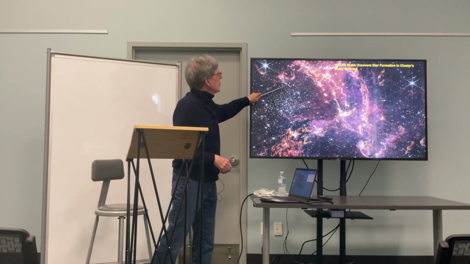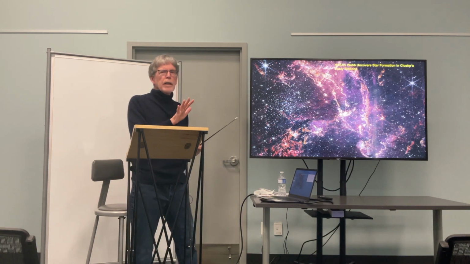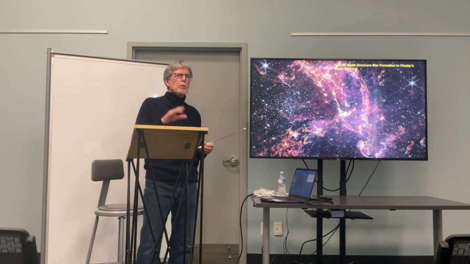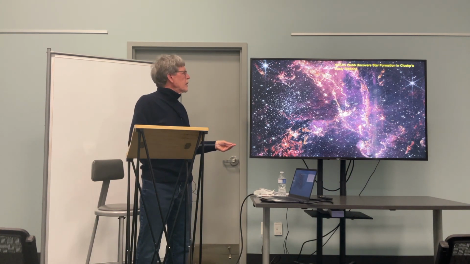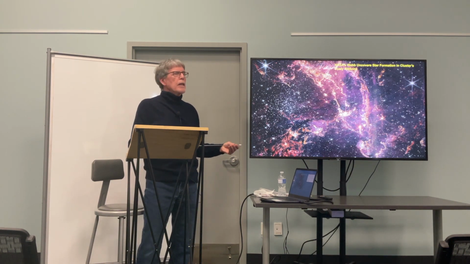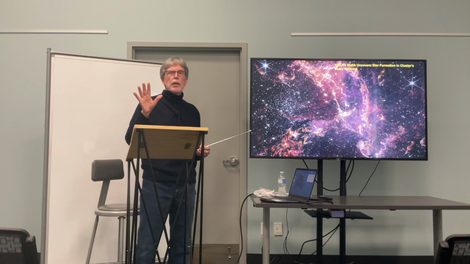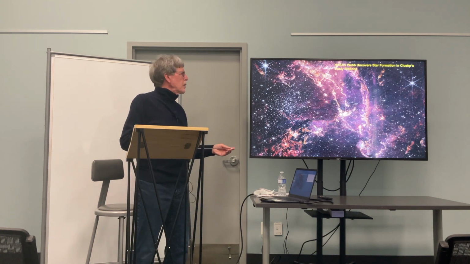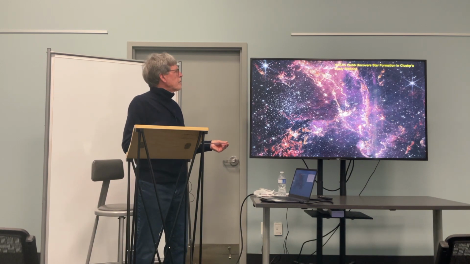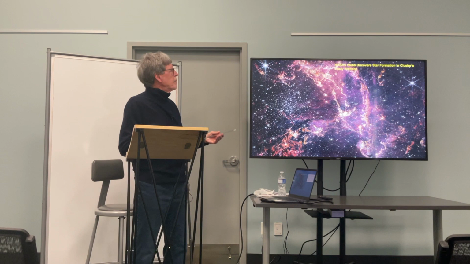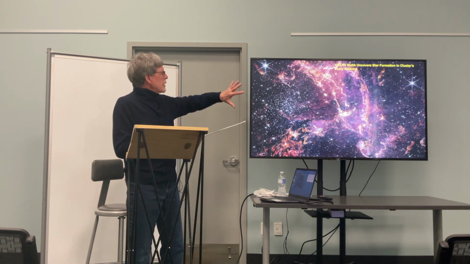But these webs all contain those very simple carbon molecules, but an enormous amount of hydrogen, about 75% hydrogen, and around 25%, almost 25%, is helium. So that's what that kind of web is.